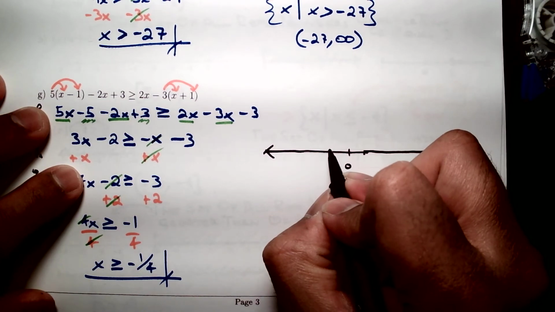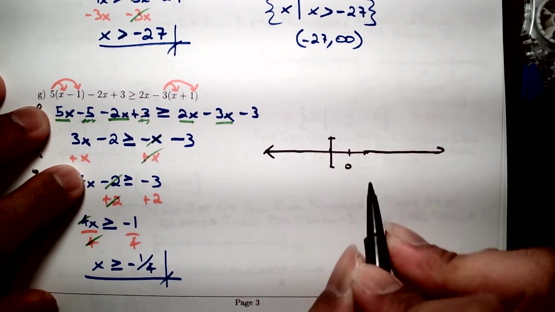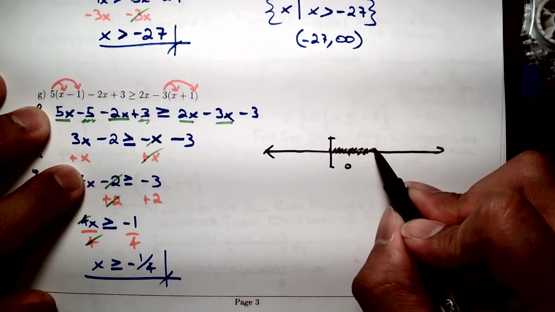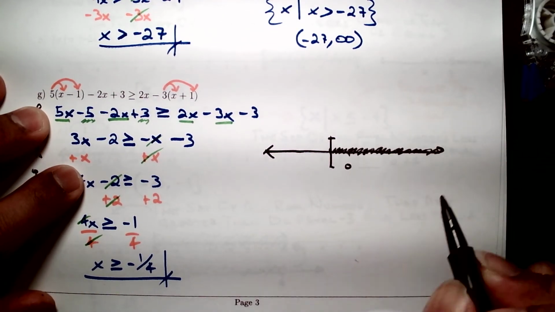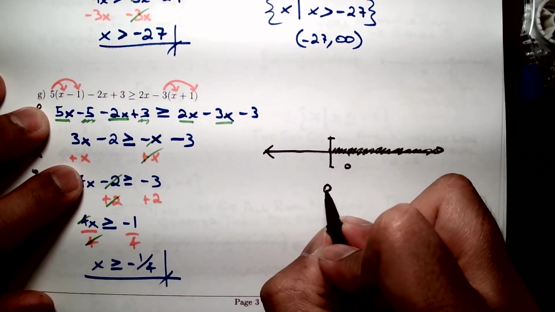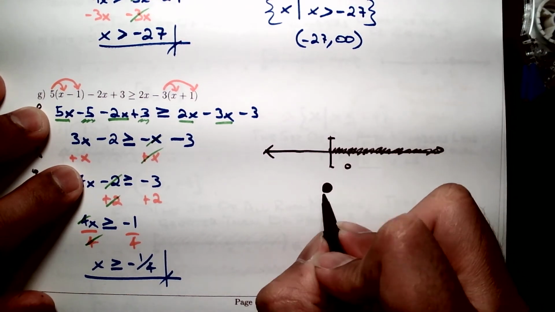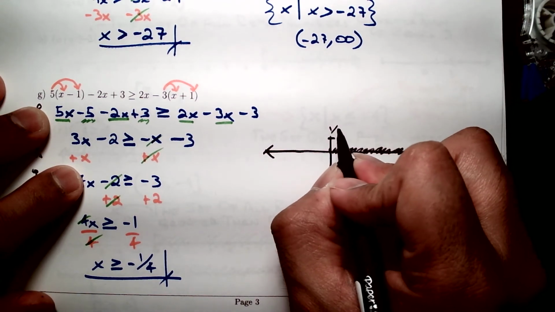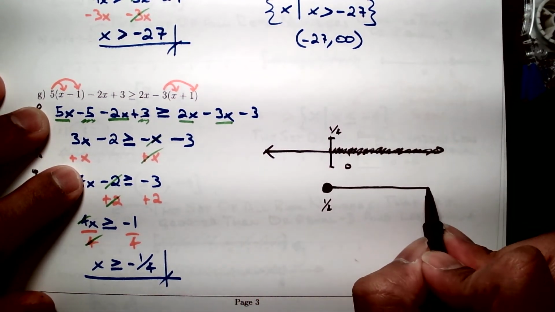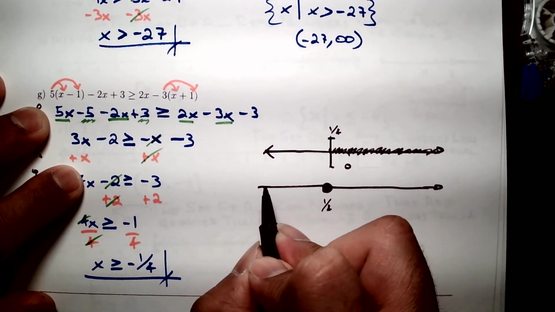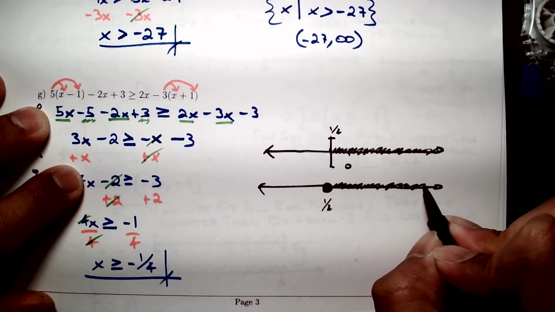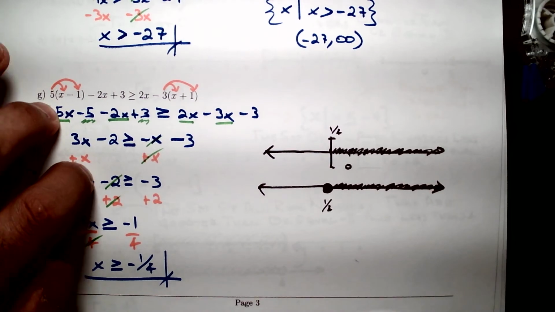So this is negative 1/4, and then towards the right. The other option is a full bubble at negative 1/4, and then towards the right.